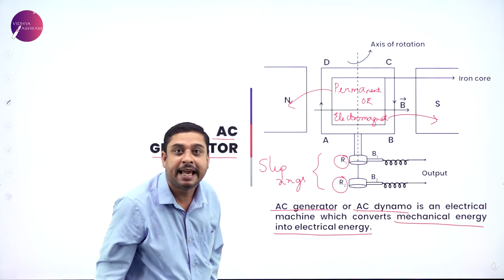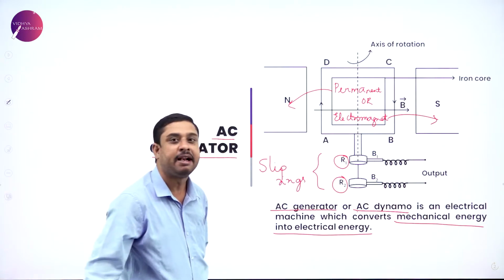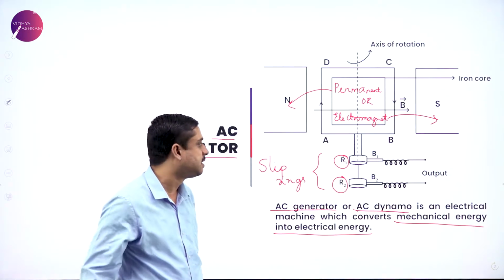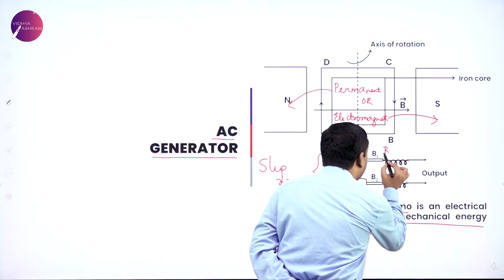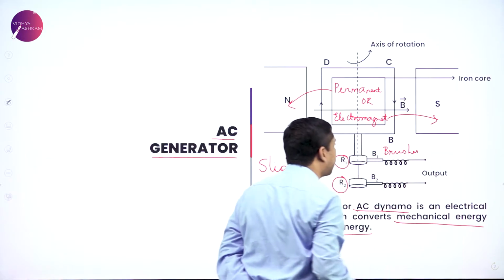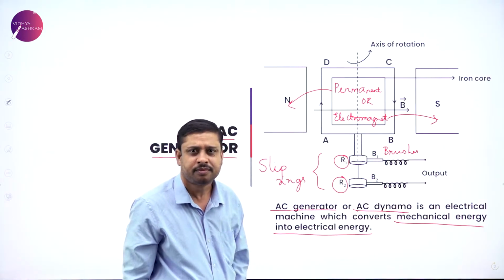So what is making the armature coil rotate? R1 and R2, which are the slip rings. And B1 and B2 are the two brushes which are connected to an output.